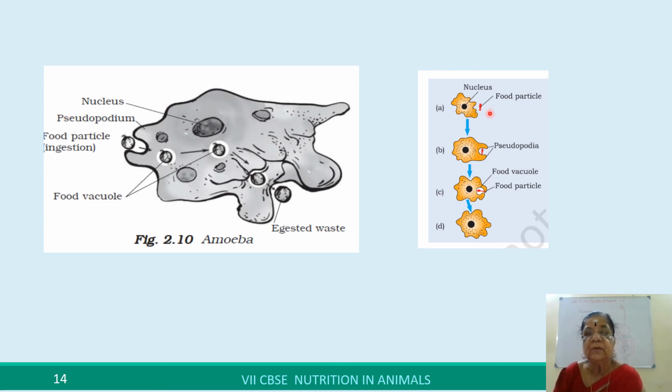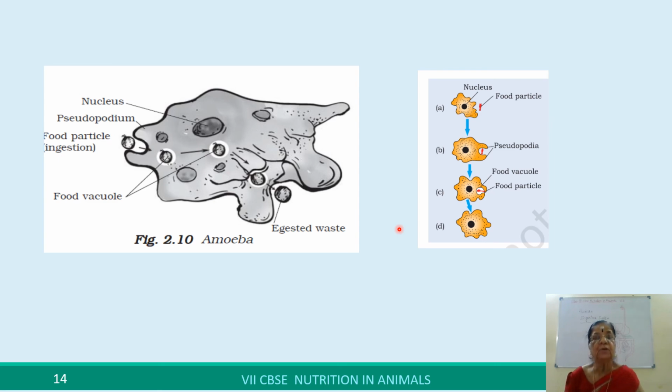In the figure, look: the food particle, in pink color, is being engulfed through the pseudopodia. Then it is fully engulfed, with the pseudopodia covering the food. Now the food goes inside the amoeba's body, forming a circular food vacuole, and then it is getting digested. So nutrition in amoeba is by putting forth pseudopodia and engulfing the food particle. I hope you understand.